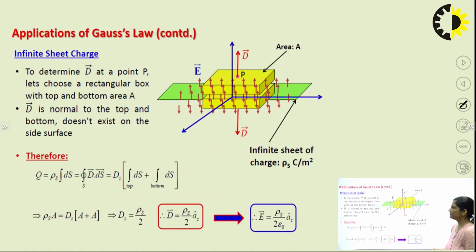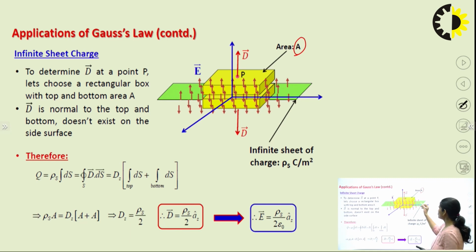Now another example, for an infinite sheet of charge, you have to determine D at point P. Let us choose a rectangular box with top and bottom area, and the area is represented by A. Here D is normal to the top and bottom and does not exist on the side surface.